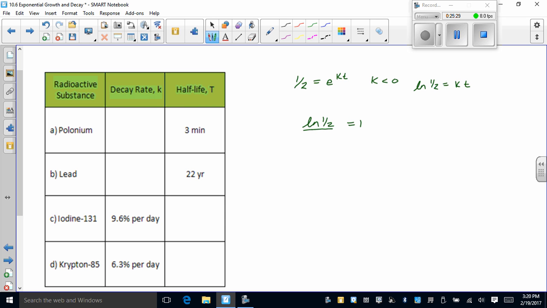Okay, this one we're looking for k as well. Natural log of 1/2 over 22 will give us our k value. Natural log of 1/2 over 0.096 will give us our t value.